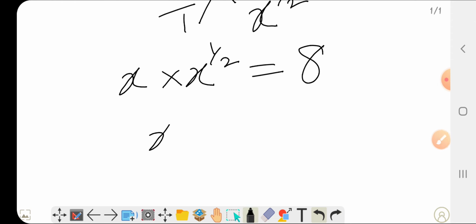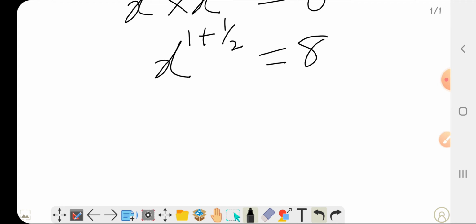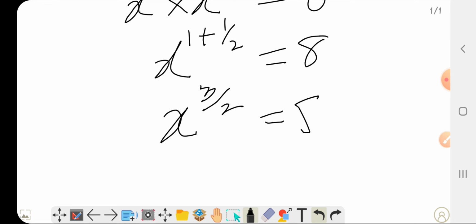So pick one x and then add the power 1 plus 1 over 2. Of course, we know that this x here has a power 1. Then equals 8. Then we are going to have x raised to the power 1 plus 1 over 2, which gives us 3 over 2. So we have x to the power 3 over 2 equals 8. Then of course we know what will happen here.